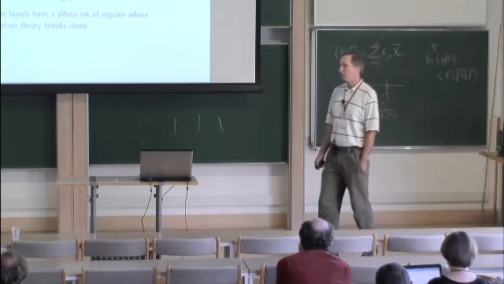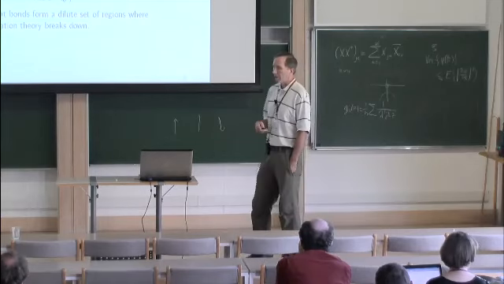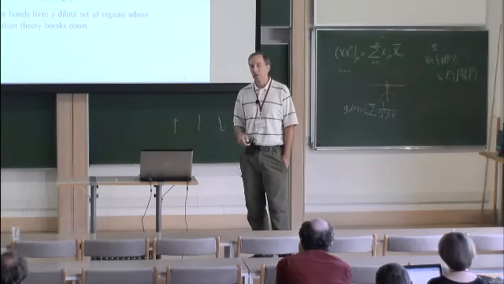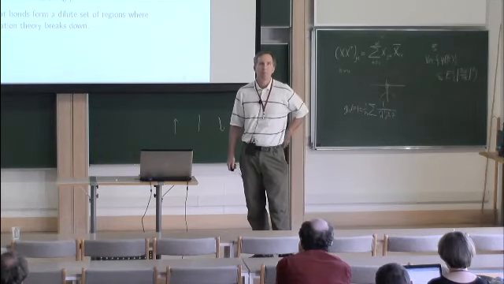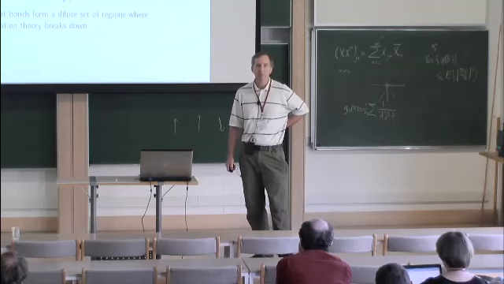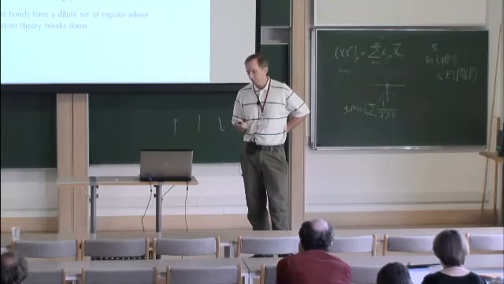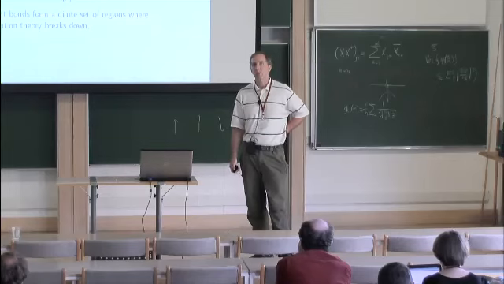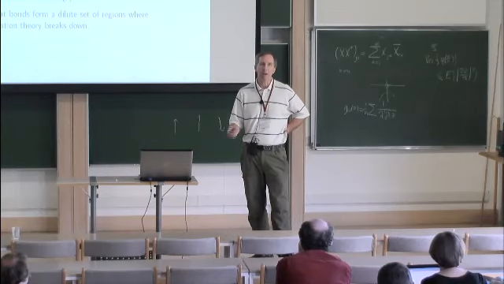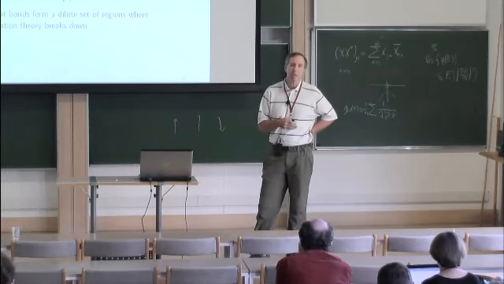This is analogous to the situation if you're doing, let's say, RG in classical stat-mech problems. You have large field regions where perturbation theory is breaking down. You have to devise a different scheme to deal with those.